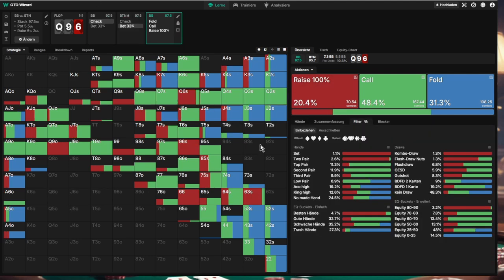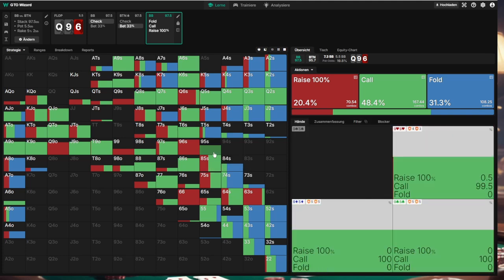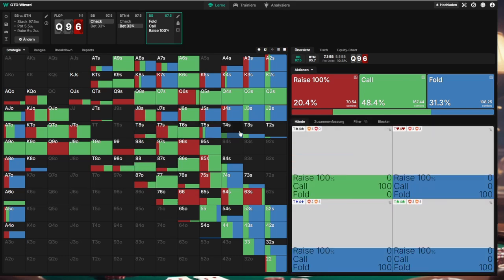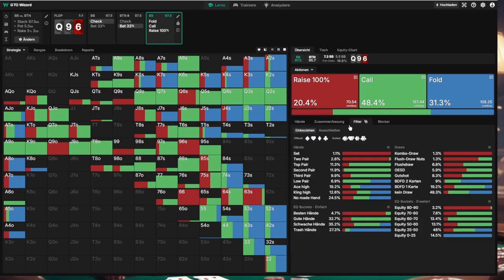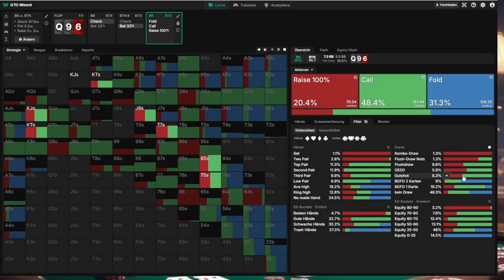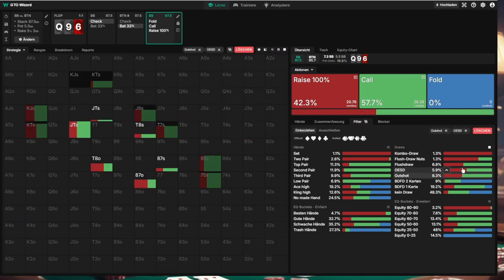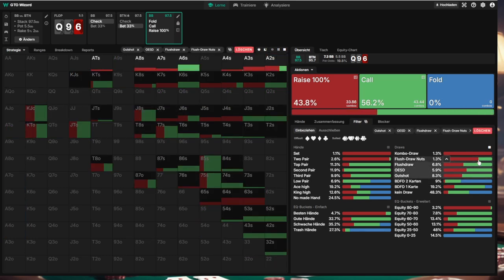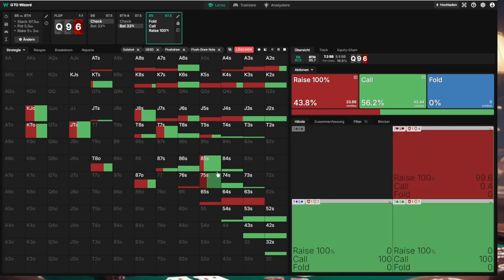So this is also what's sometimes happening in reality against those aggressive guys. They will take anything they can find, any gut shot, any open ender, any flush draw. They will try and put pressure, which they still shouldn't be, right? If we look at our draws, we're not supposed to go with every one of them.